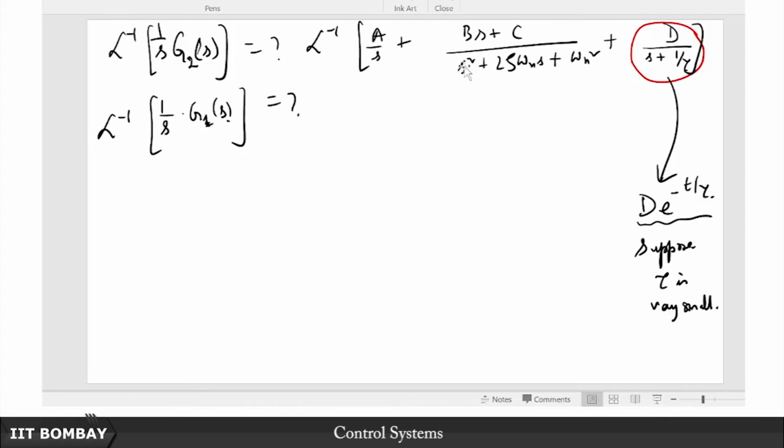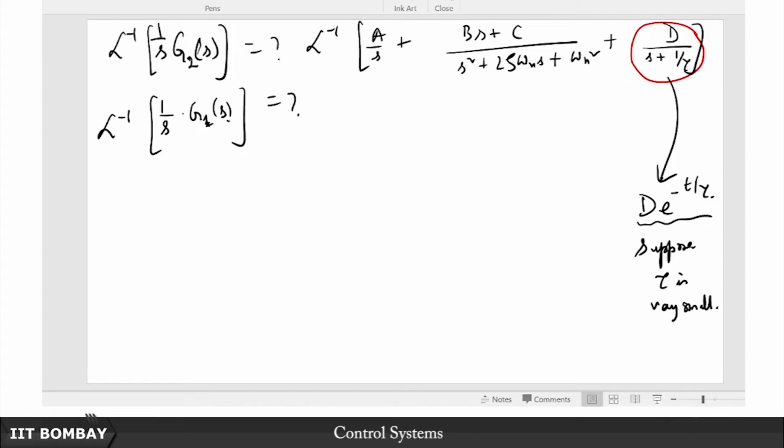The other fact is that, notice, if tau is very small, or if minus 1 by tau is very far from the imaginary axis on the left half plane, what happens when you try to evaluate d? After all, this d is obtained by evaluating the residue. If you recall how we obtained our inverse Laplace transforms, how do you obtain d?